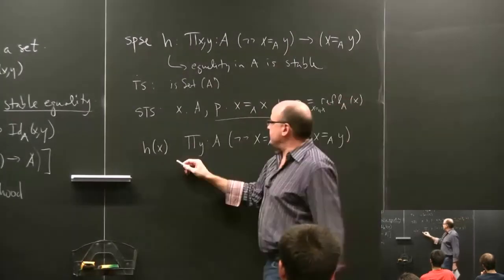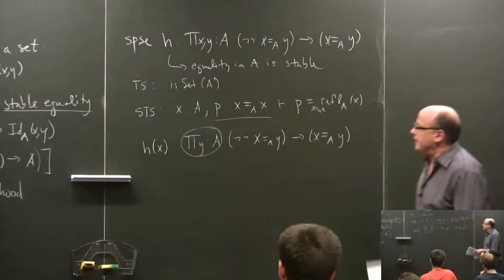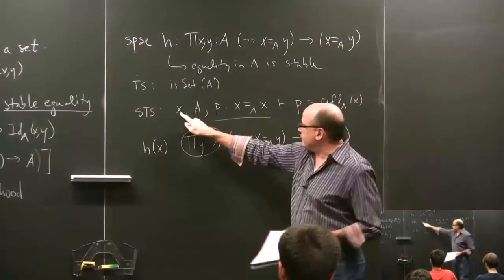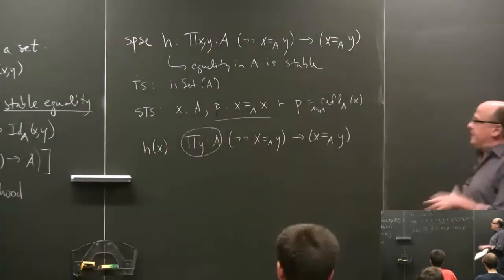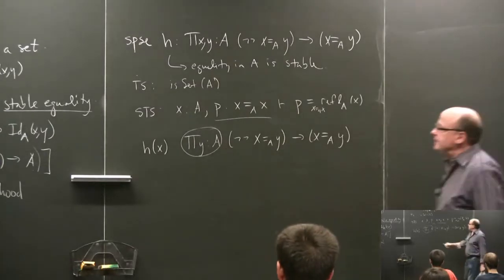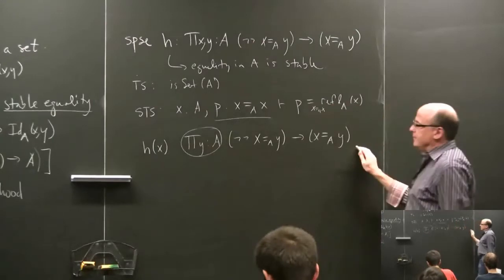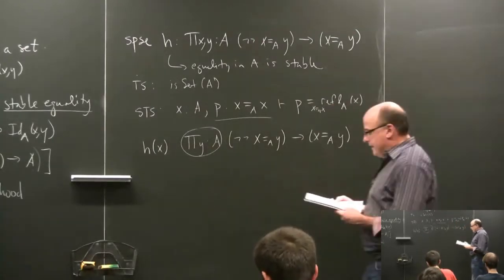So that's what h of x is. I'm fixing x. If you like, I could write x naught just to remind you. So if I fix x, that's the x in question here. If I specialize my assumption about having stable equality to that particular x, I get a statement about arbitrary y's. That's what I want to do here. Okay, so I have that.